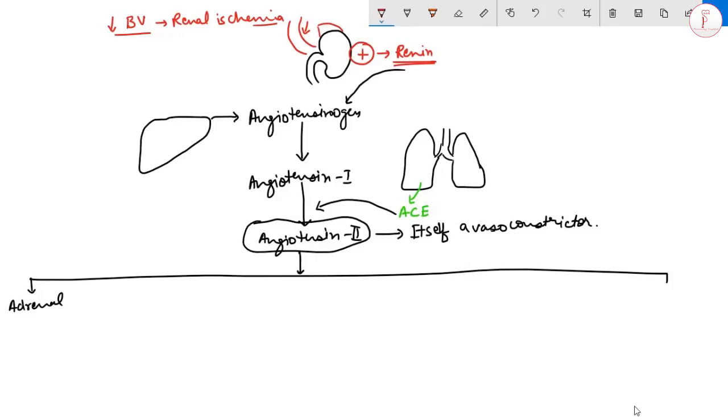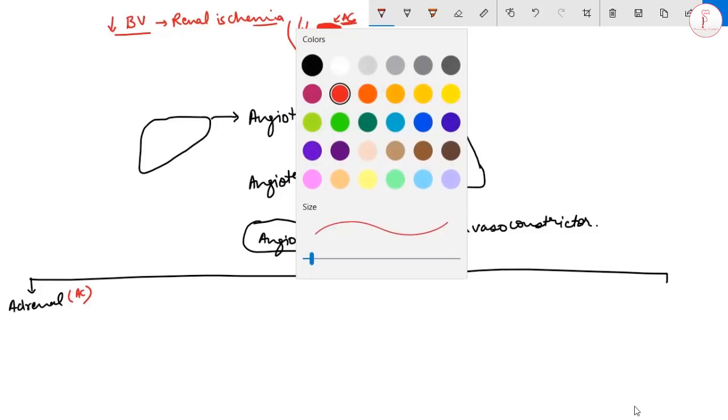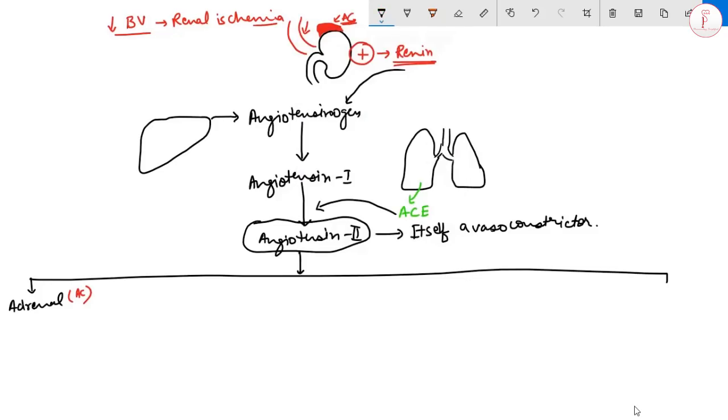It shows its effects on the adrenal gland. We had seen that the adrenal gland is present on top of the kidney, and the adrenal cortex releases aldosterone, and aldosterone has the action of sodium retention, and wherever sodium goes, water follows.